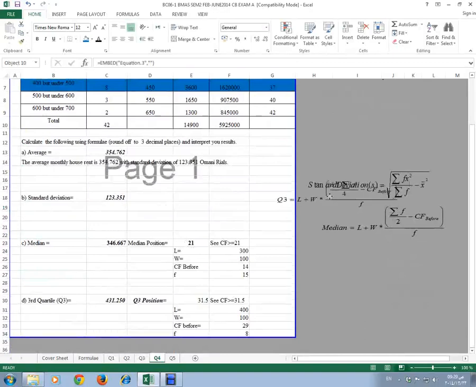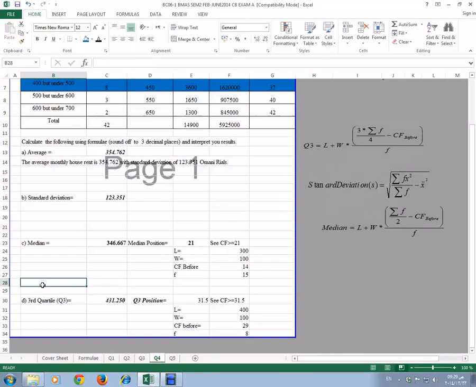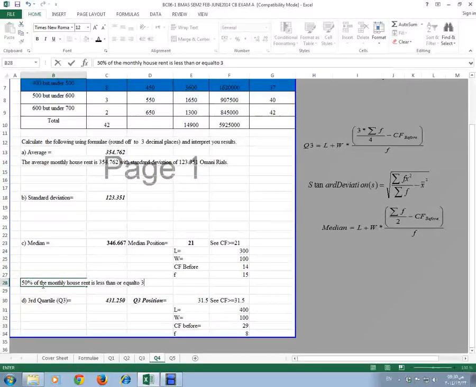The median normally we say 50%. So here we say that 50% of the monthly house rent is less than or equal to 346.667 money reals.